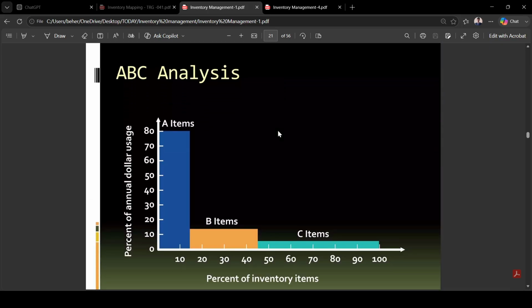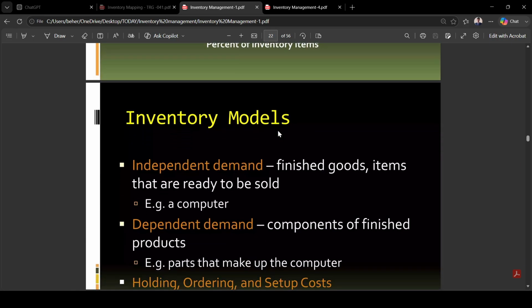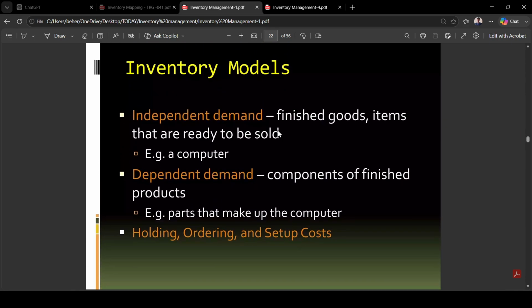ABC analysis shows the percentage of annual dollar usage against the percentage of inventory items. Inventory models: independent demand covers finished goods, items that are ready to be sold. Dependent demand covers components of finished products, for example the parts that make a computer.